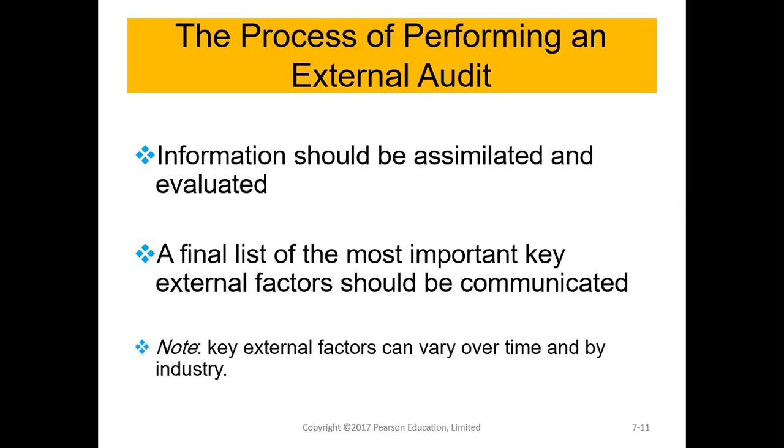You gather the information, evaluate the external opportunities and threats, and then make a final list of the most important key external factors. You might arrange them, for example, from 1 to 20. 1 refers to the most important opportunity, and 20 refers to the least important opportunity. The same for the threats: 1 refers to the most important threat, and 20 refers to the least important threat that you might face.